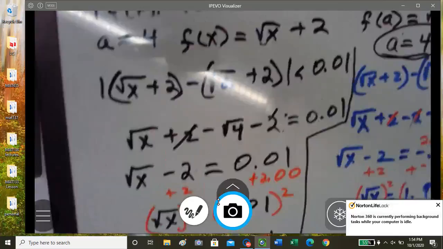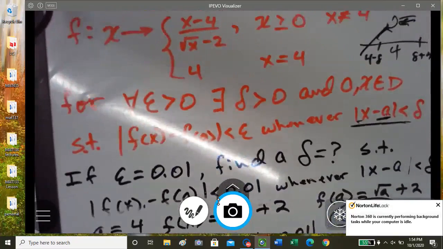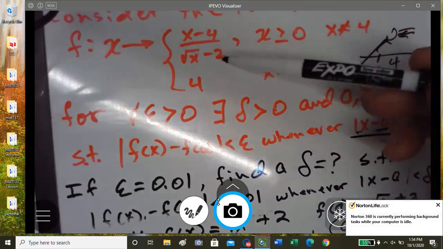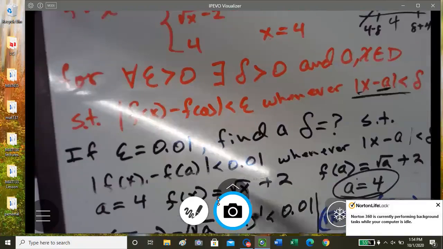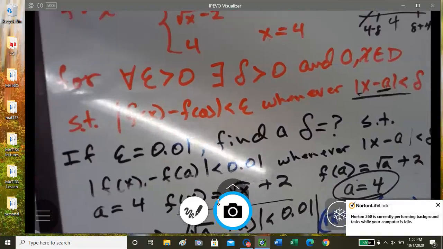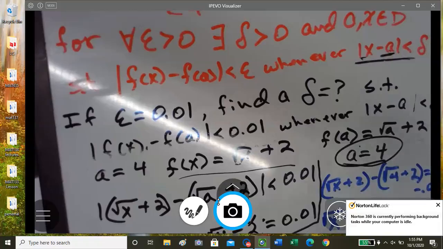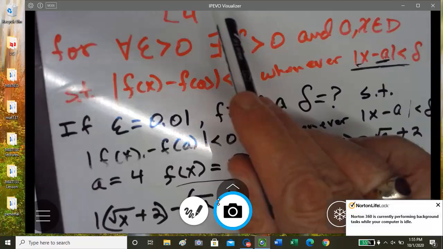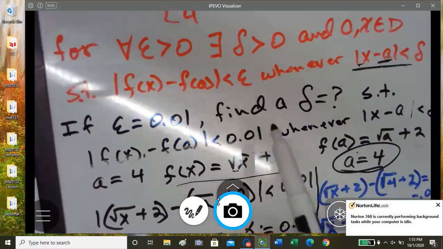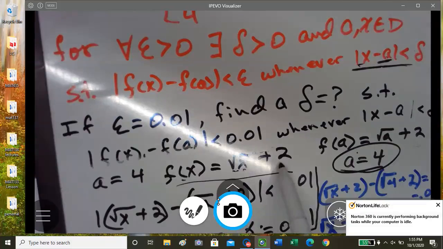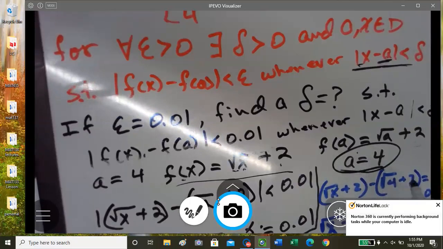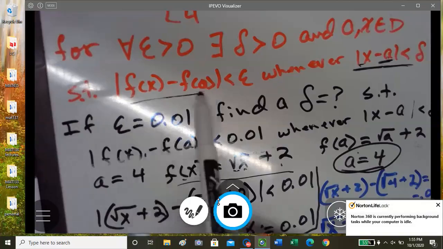Okay, so to summarize it, first thing we did was simplify this function here. Use the difference of two squares and then canceled, and we got f of x equals square root of x plus 2. If you don't understand it, go back and look at the video again. And so from there we were able to plug into this equation.